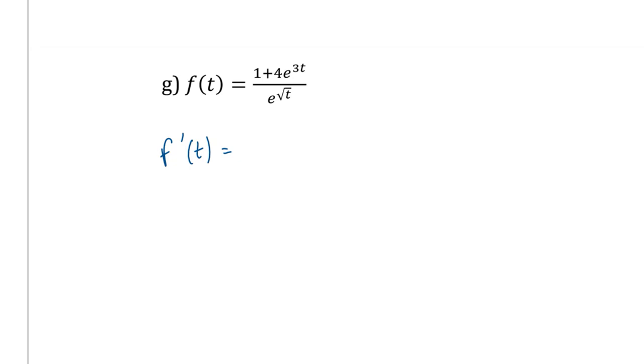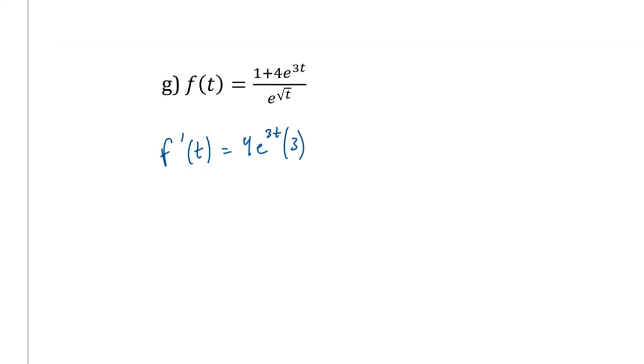So the derivative of the top is a sum. Derivative of 1 is just 0. So the derivative of that 4e to the 3t is 4e to the 3t times the derivative of the exponent, which is 3.